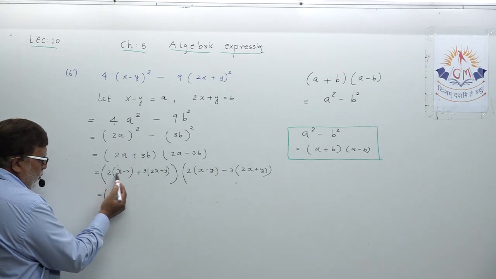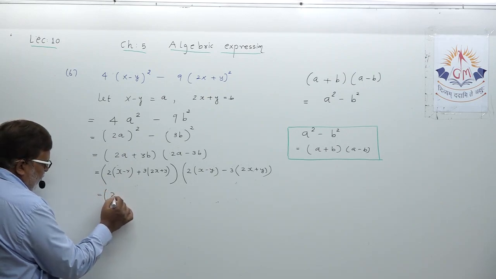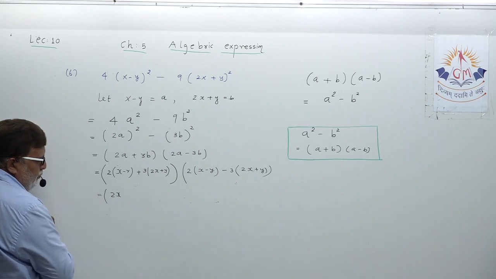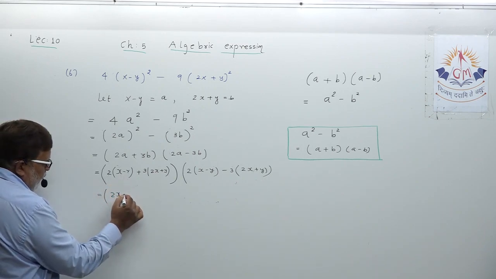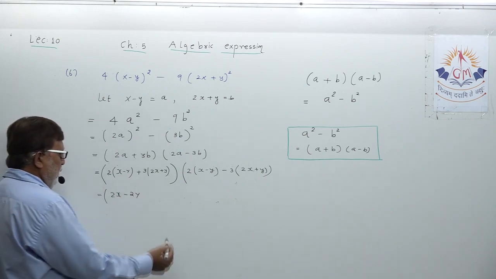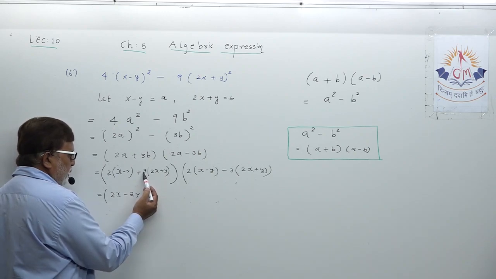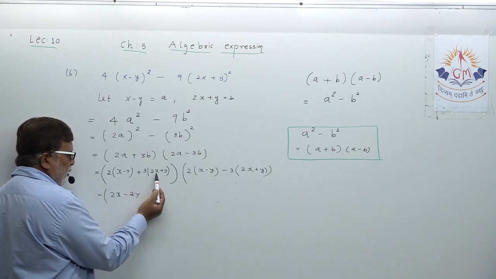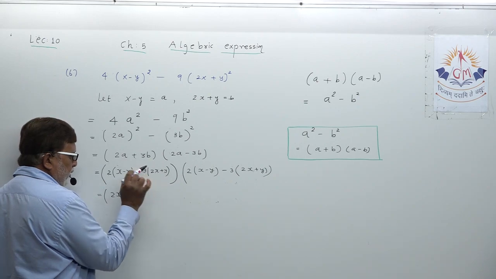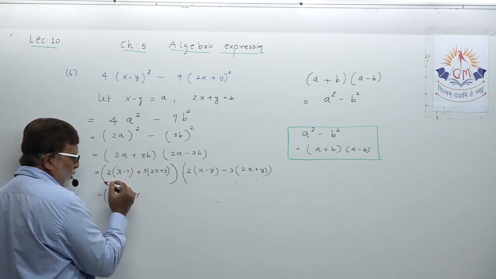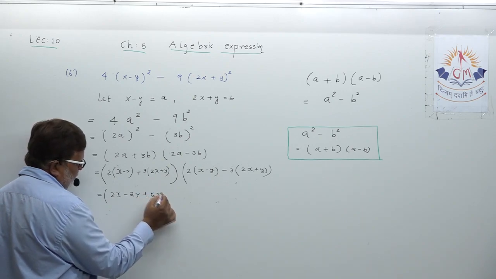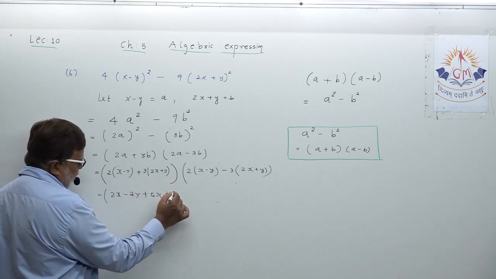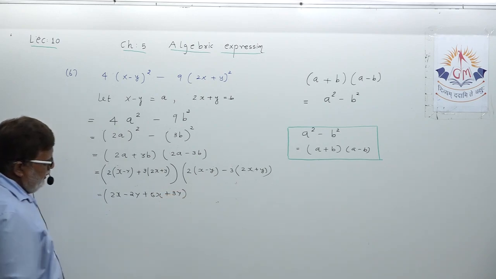Can you 2 into x? Speak with me. 2x. 2 into minus y, minus 2y. Now here a plus sign is there. No sign change will take place while opening the bracket. 3 times 2x is 6x, plus 3 into y, that is 3y.